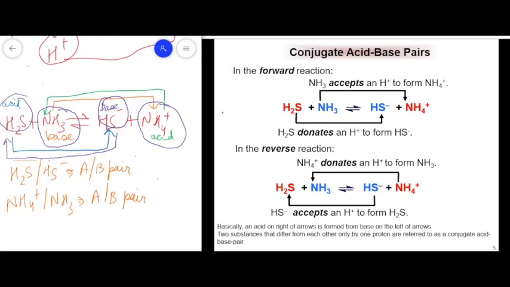So the difference in these two substances is just one proton. And that is what makes this an acid-base pair. So essentially, just remember whatever's an acid on the left side of the arrow will produce its conjugate base on the right. Whatever's a base on the left side of the arrow is going to produce an acid, its conjugate acid pair. Okay.